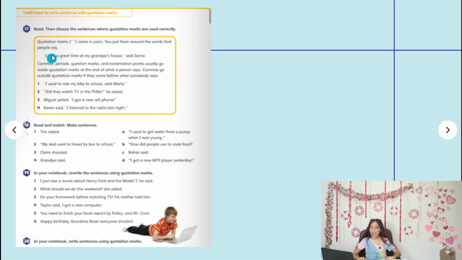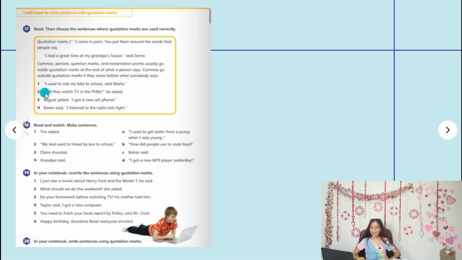For example, "I had a great time at my grandpa's house," said Jamie. Commas, periods, question marks, and exclamation points usually go inside quotation marks and at the end of what a person says. Commas go outside quotation marks if they come before what people say.